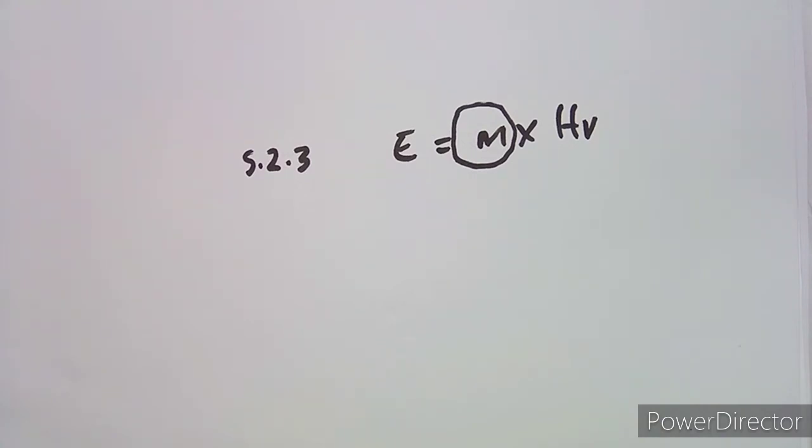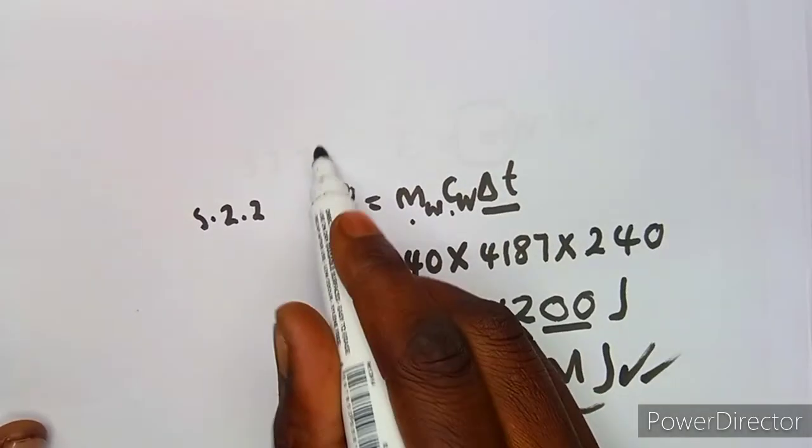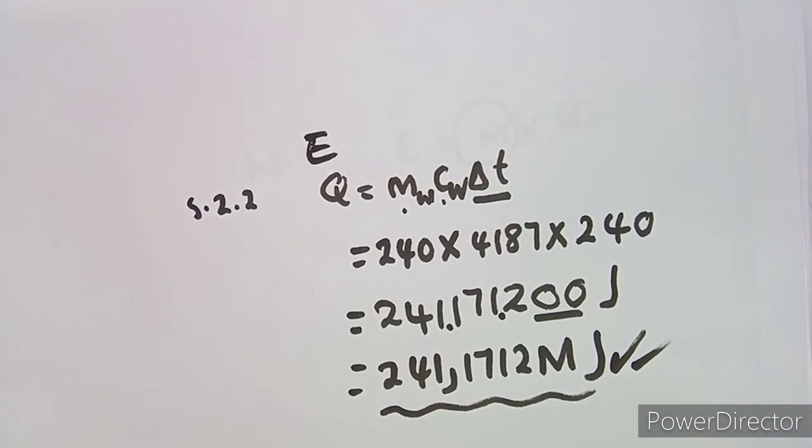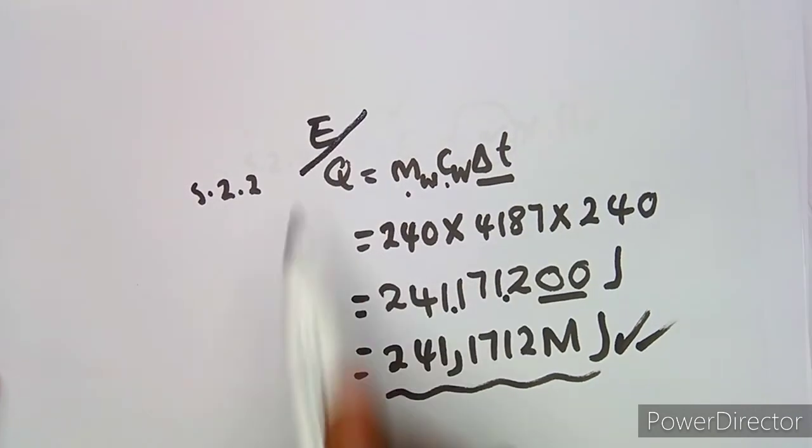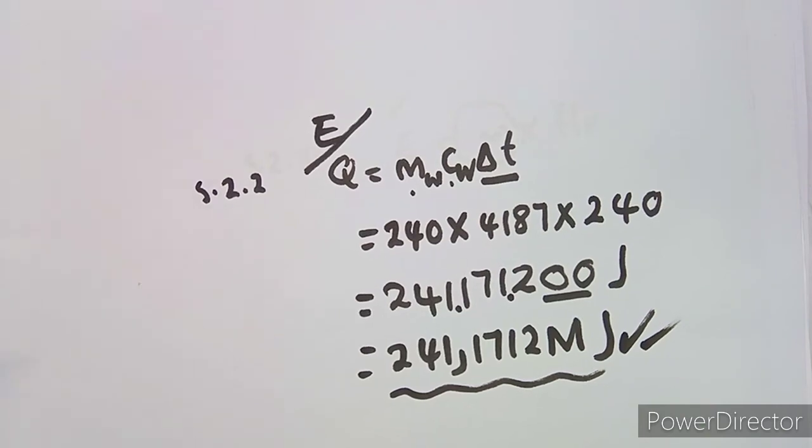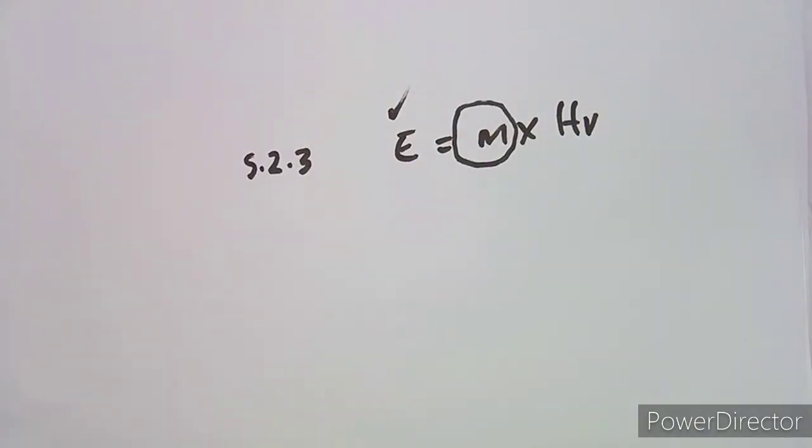I need the mass, and the only relationship is mass times heat value, because this energy E is the same as Q here, so Q can be written as E. You can write E or Q, just choose which is best for you. Since it is mass times heat value, I need the heat value of coal, and the heat value of coal is there.